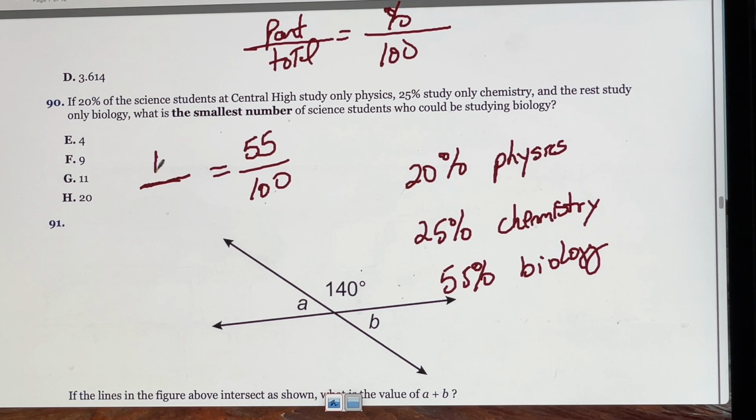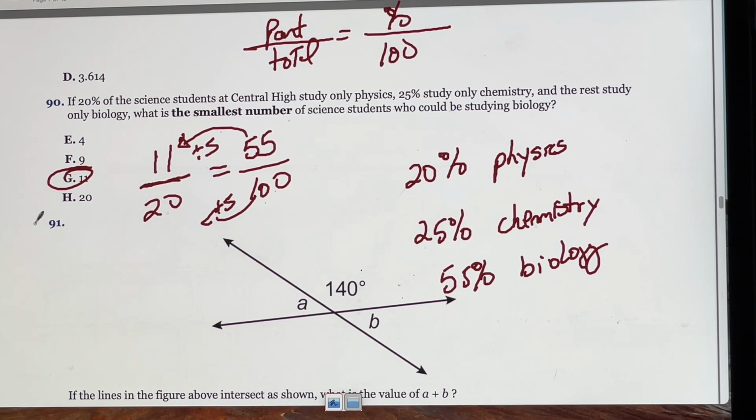If you say that 11 kids are taking biology and they represent 55% of everyone, this one is nice because 55 I can divide by 5, and 100 divided by 5 is 20. So that one works. So the only possible answer to this one is G.